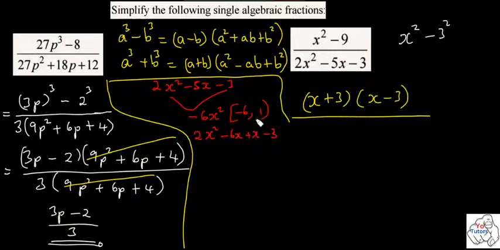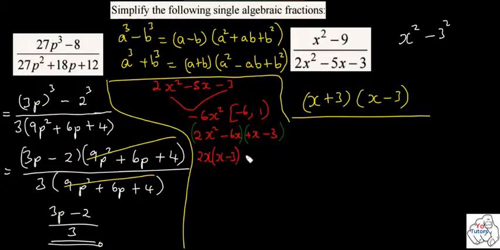We've substituted negative 5x, then we treat the pairs separately. In the first one, you factor out 2x in the bracket and you're left with x minus 3.